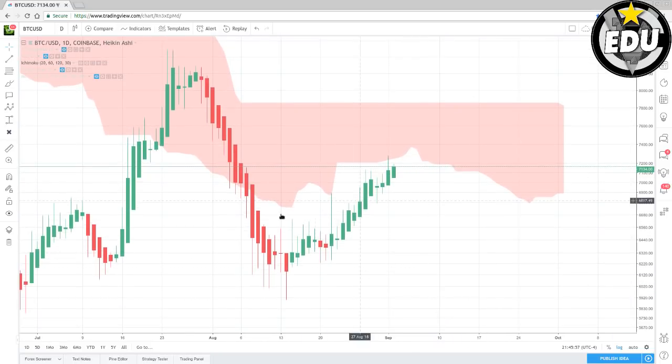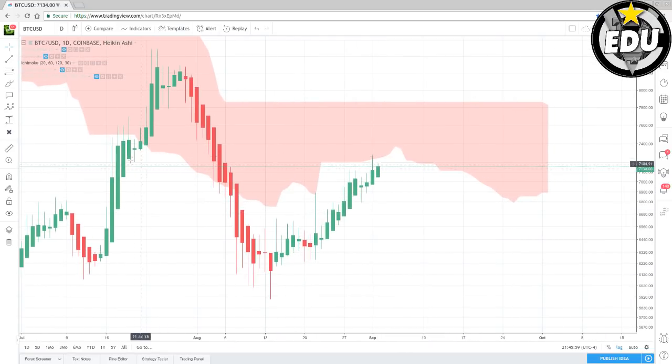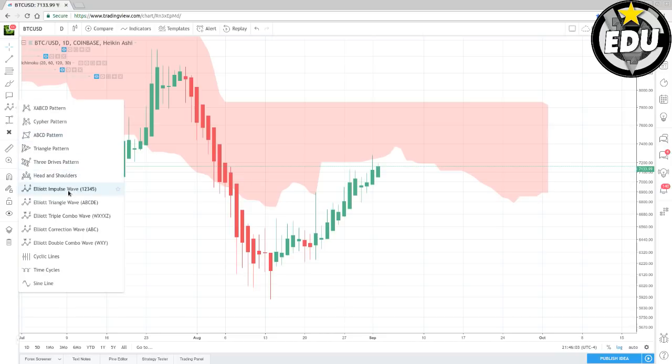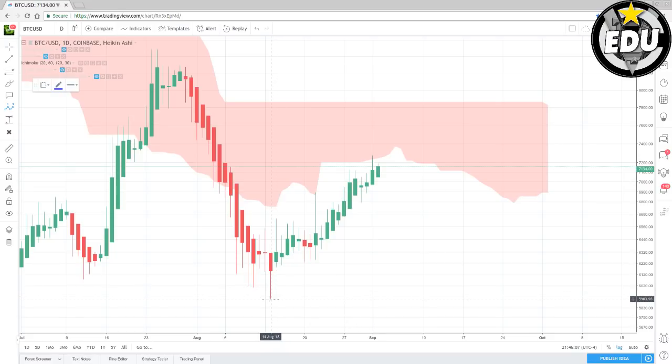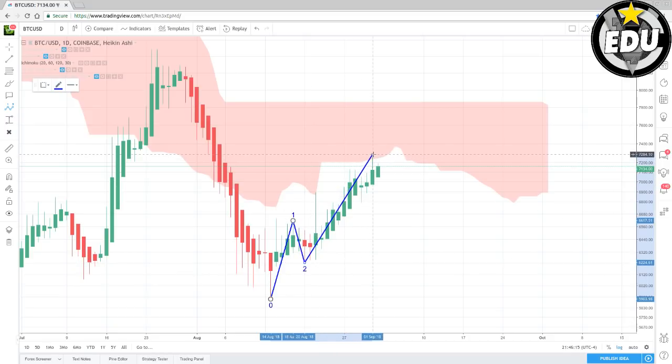As I show you my 1-day chart, it could look something like this. Went all the way up, corrected with the red candles, went all the way up to the resistance of the Kumo, and it might drop again.